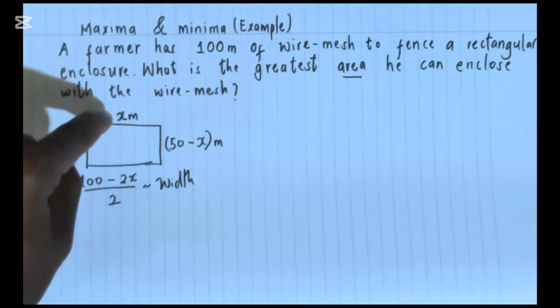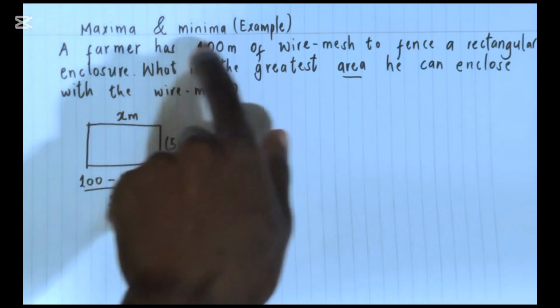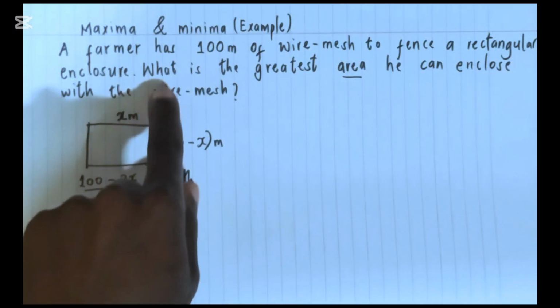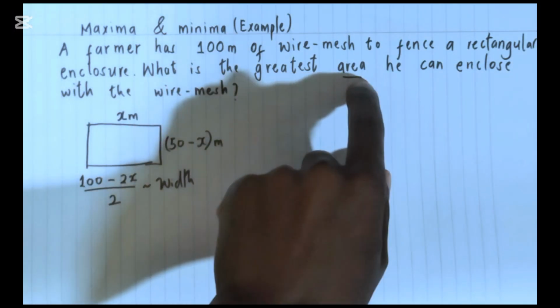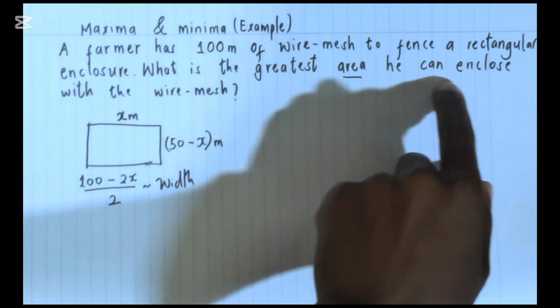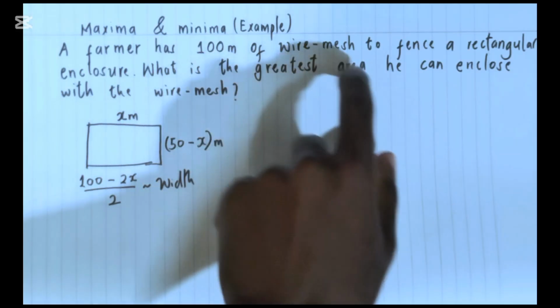So when you go around this particular piece of land, we expect that the whole perimeter should add up to 100 meters. But that is not what we are keen on. Remember, the question is, what is the greatest area this particular farmer can fence using the 100 meters of wire mesh that he has?